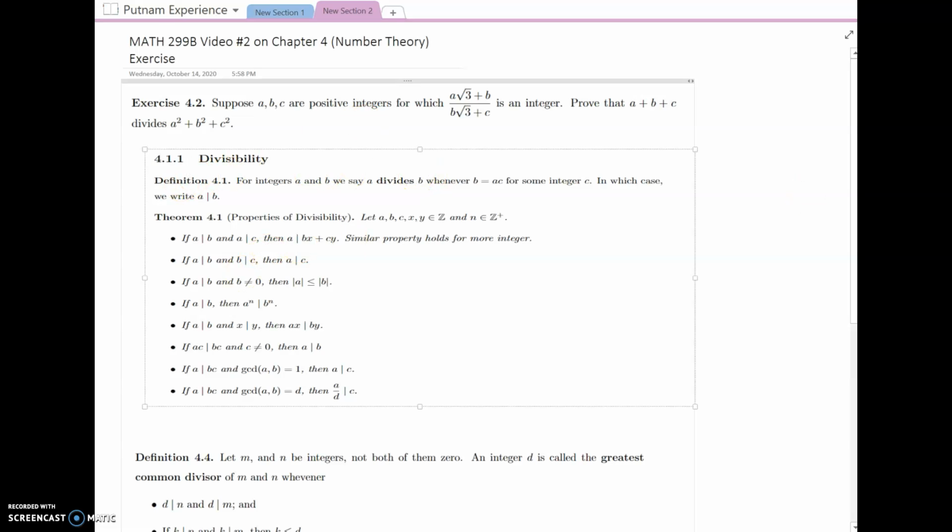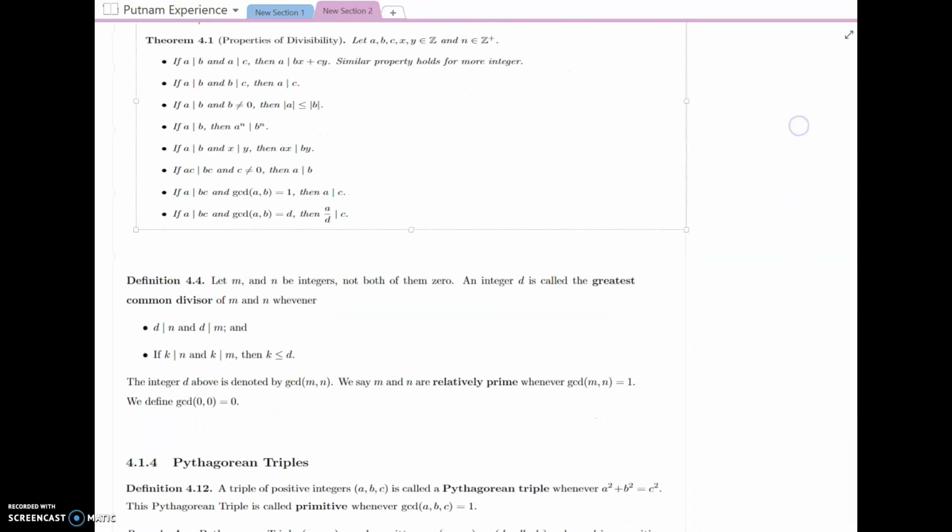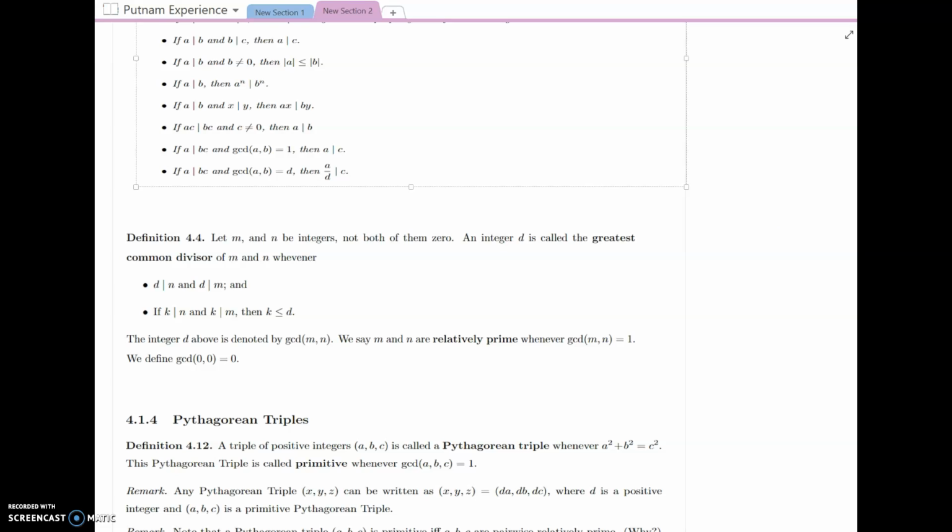And if I scroll down, we can look at definition 4.4. And this kind of talks about, let m and n be integers, not both of them 0. It says an integer d is called the greatest common divisor of m and n.